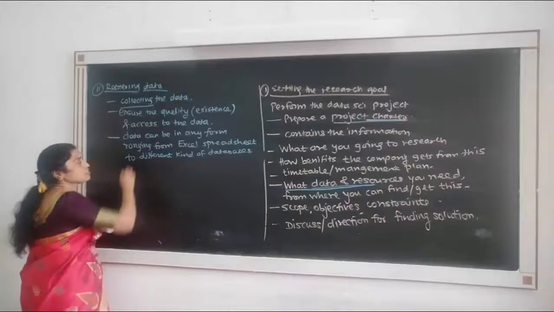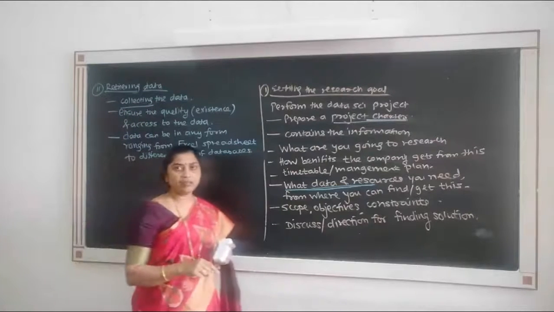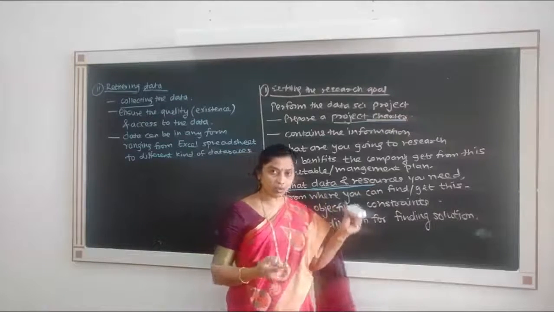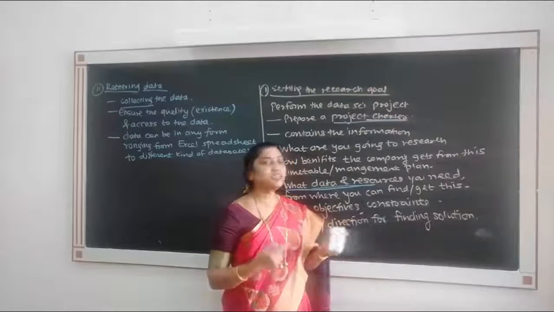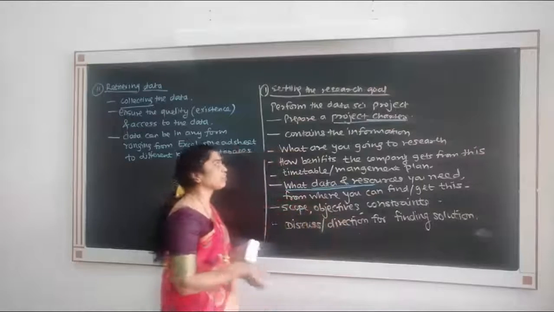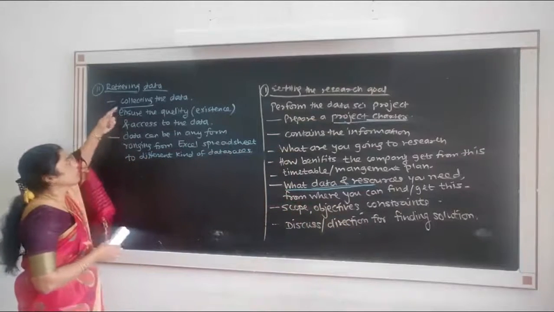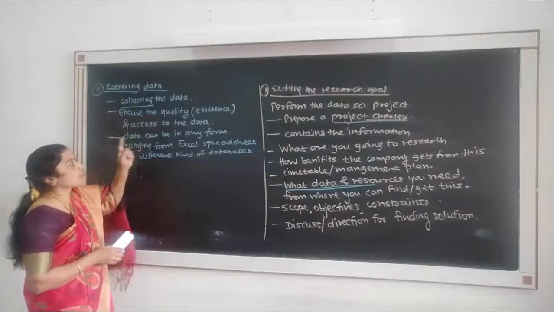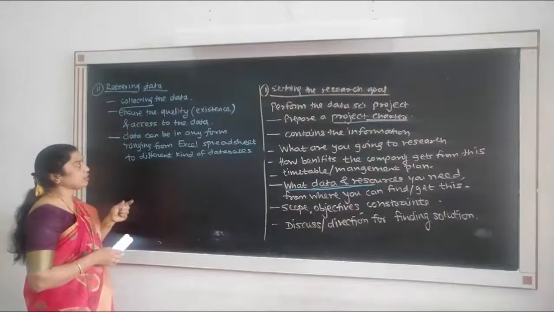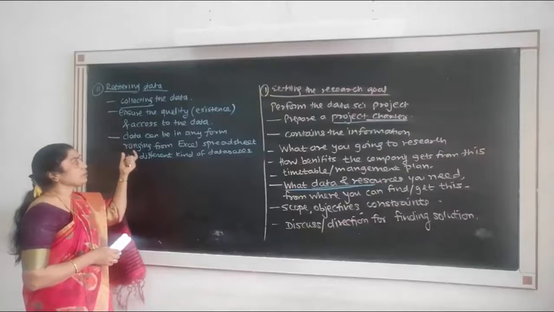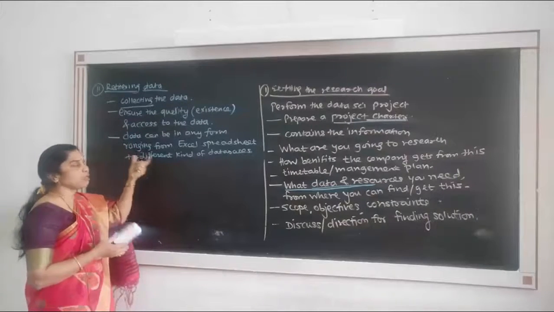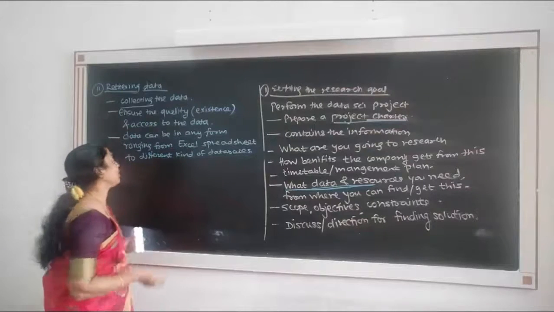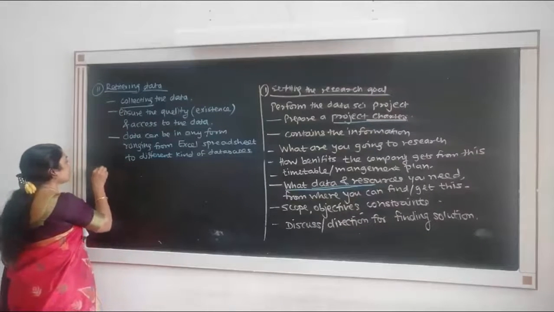So in the second step, you collect the data because you know which data you want and from where you are getting this, or you are able to find this data from which step. So in this step, you will collect the data, ensure the existence of quality and access to the data. These data may be in any form. It may be in Excel spreadsheet or may have any kind of database. So that is your second step.